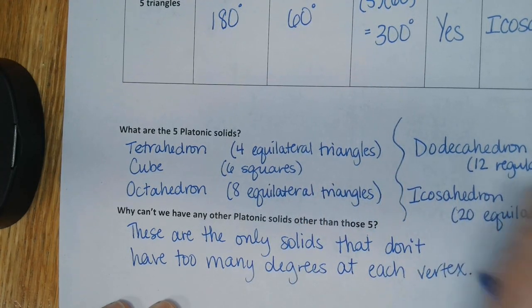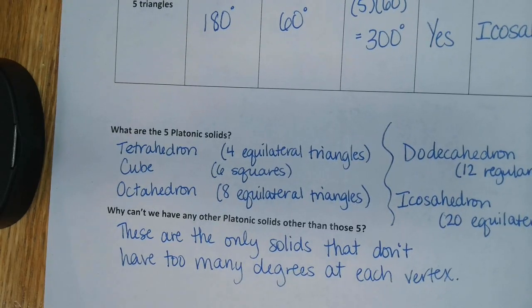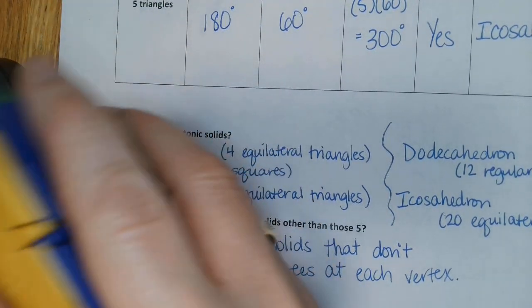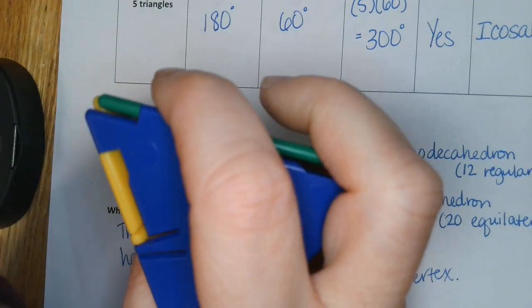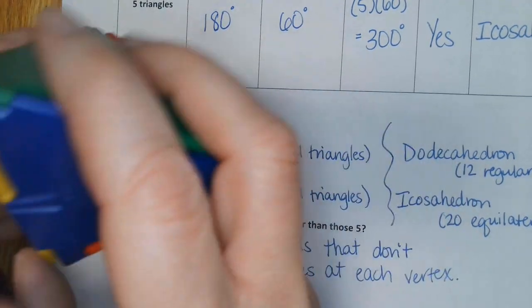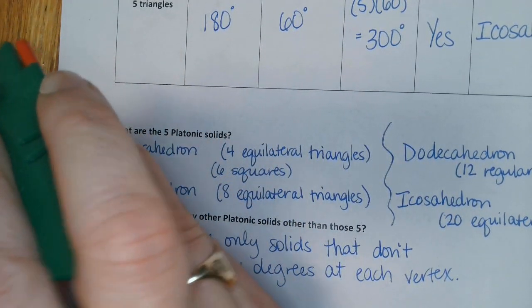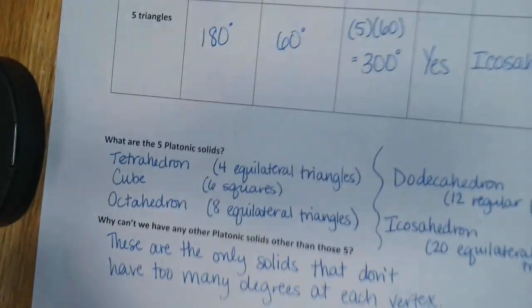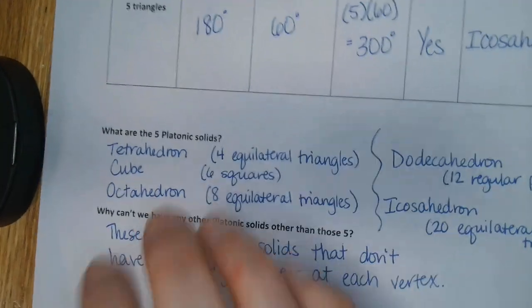Okay, that's not the most formal way, but we can see that's why. And we can see also that if we tried to put 6 triangles together, we didn't get to that here, but if we try to do 6 triangles, they'll fill up that whole circle, and again, I can't bend it to make a shape.